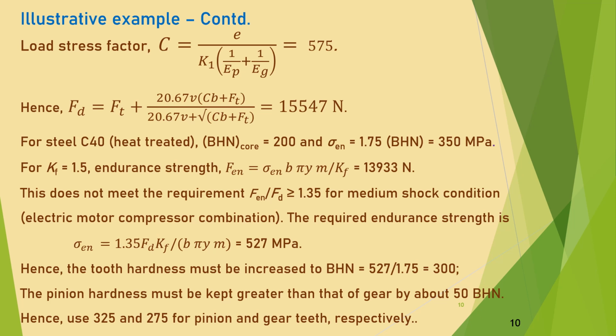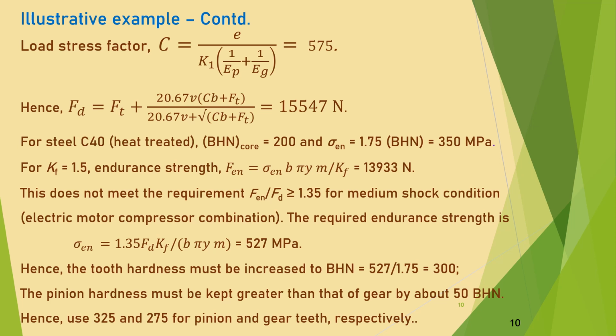We can calculate the required endurance strength of the material by equating the endurance strength of the tooth to 1.35 times the dynamic load Ft, and this gives the endurance strength required for the material as 527 MPa.